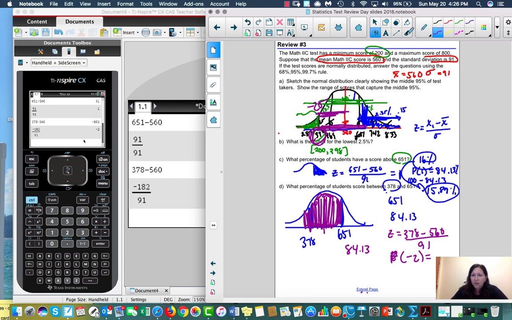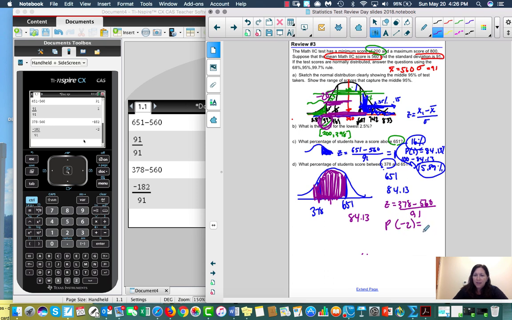So what you're going to do here now is look up P of -2. So when I did that, I got a score of 0.0228, which is 2.28%. So basically, they are looking for the percentage of students in between here.